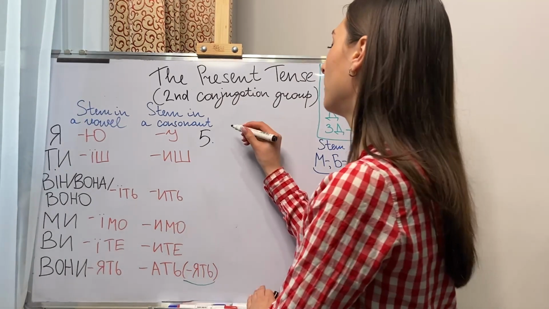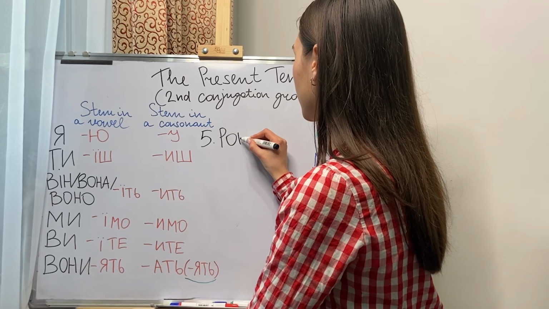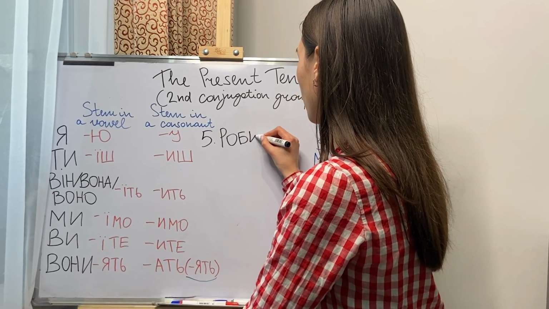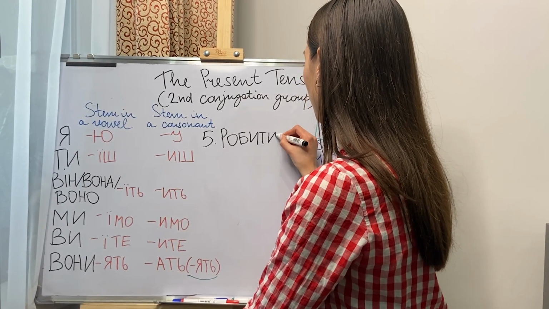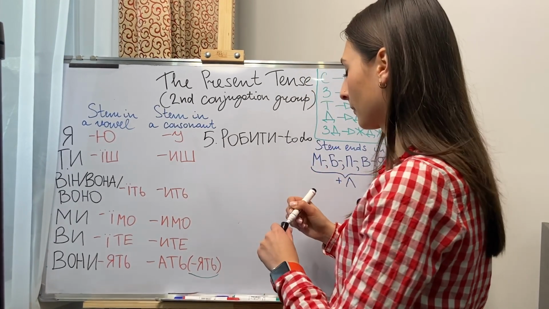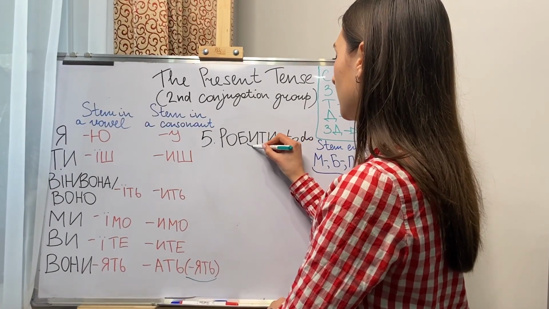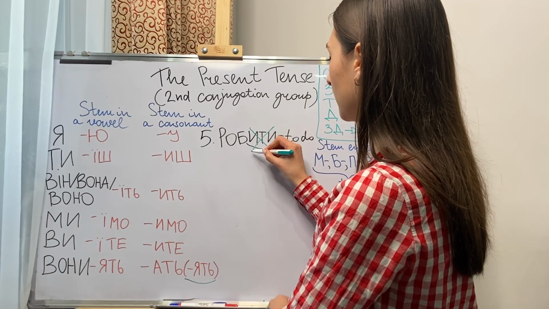For example, the verb робити. Робити means to do. So, guys, we see this ending, we omit it, it's clear.